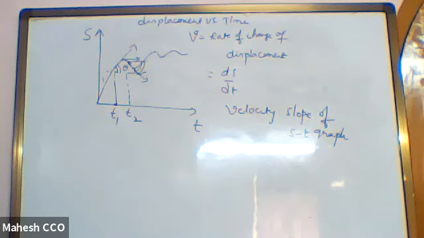The value gives the speed. Suppose the slope comes out to be -2. Then 2 is the speed. The value gives the speed, and the sign suggests the direction.